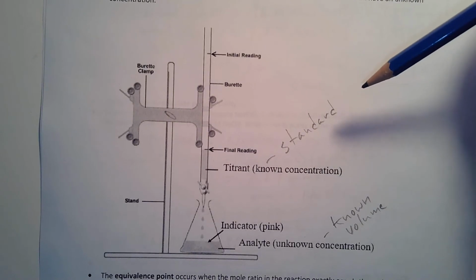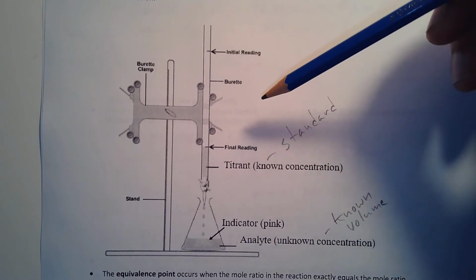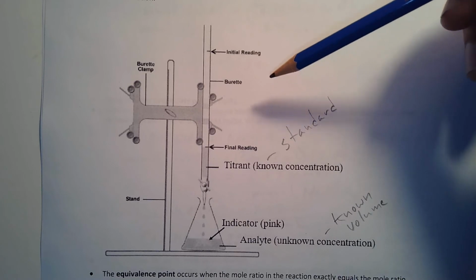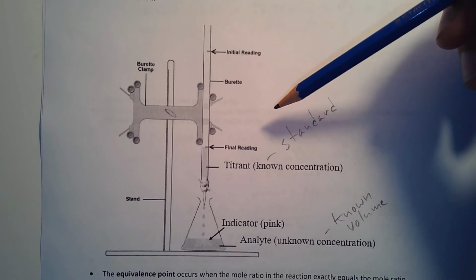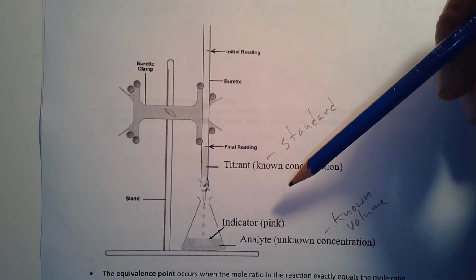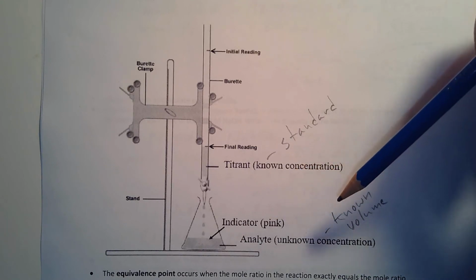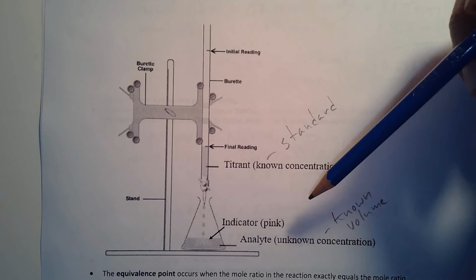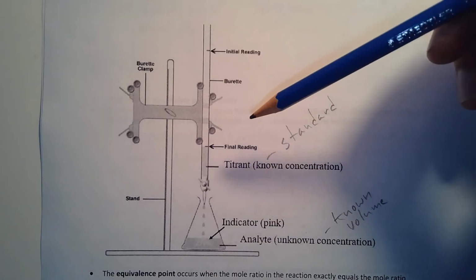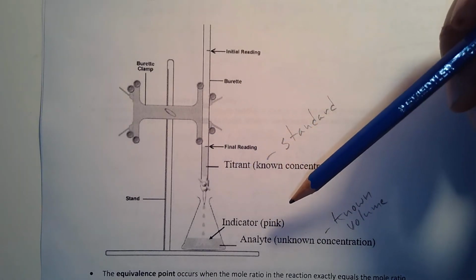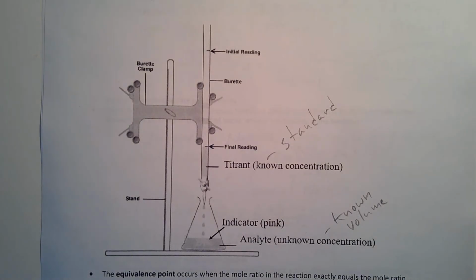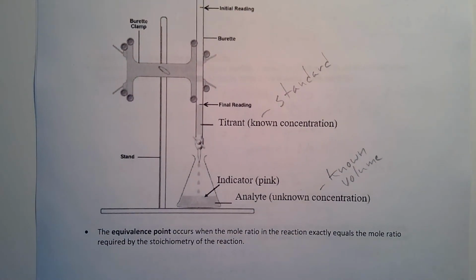So what you're trying to determine is what volume of the standard is required so that I get to the end point. The end point, again, is where you've achieved neutralization. So again, the moles of the standard equal the moles of the analyte. We refer to that as the equivalence point.